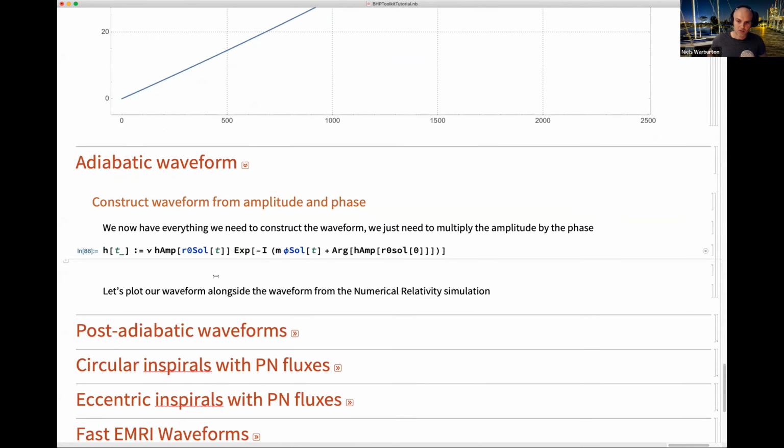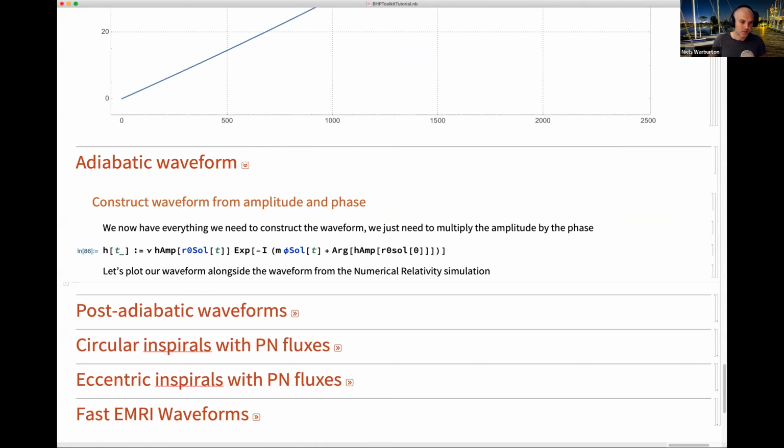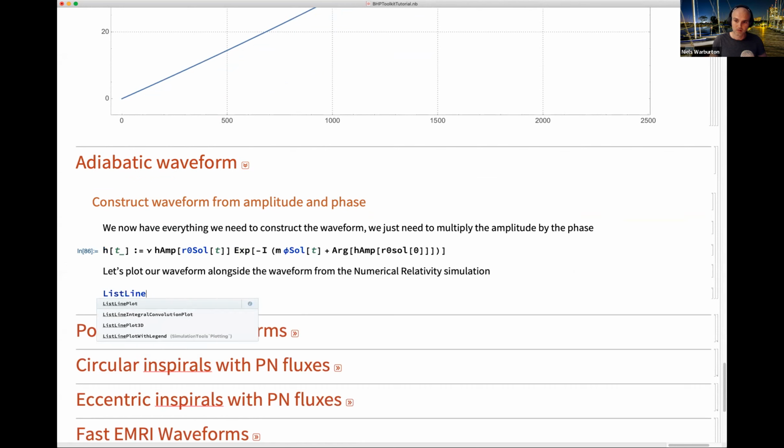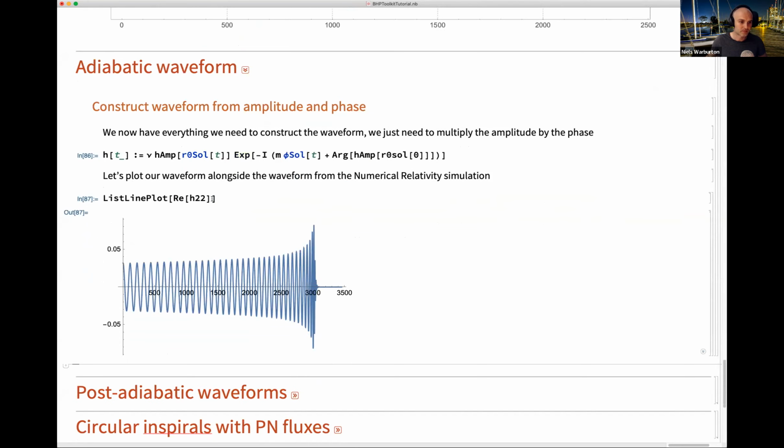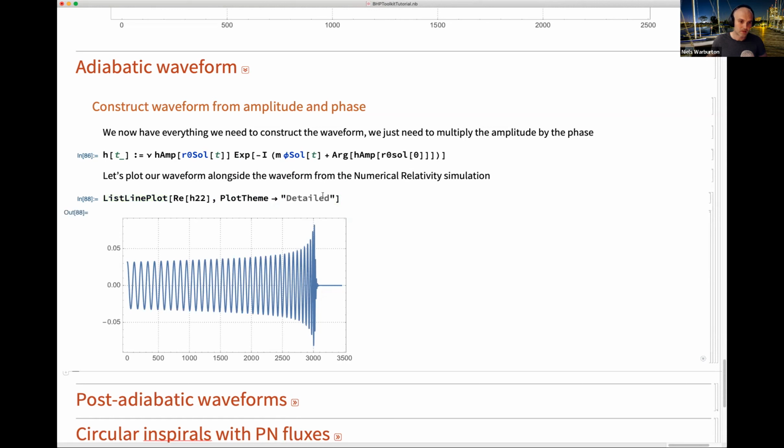And now what we can do is we can plot this waveform alongside the one we had from numerical relativity. So first of all, let's plot the NR waveform. We didn't do that yet. Let's just make that bigger and a bit nicer. So that's the numerical relativity waveform.